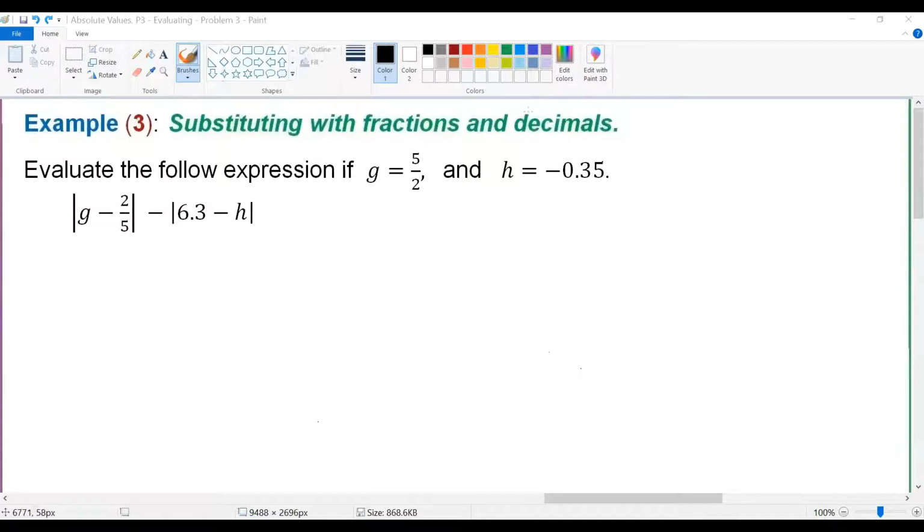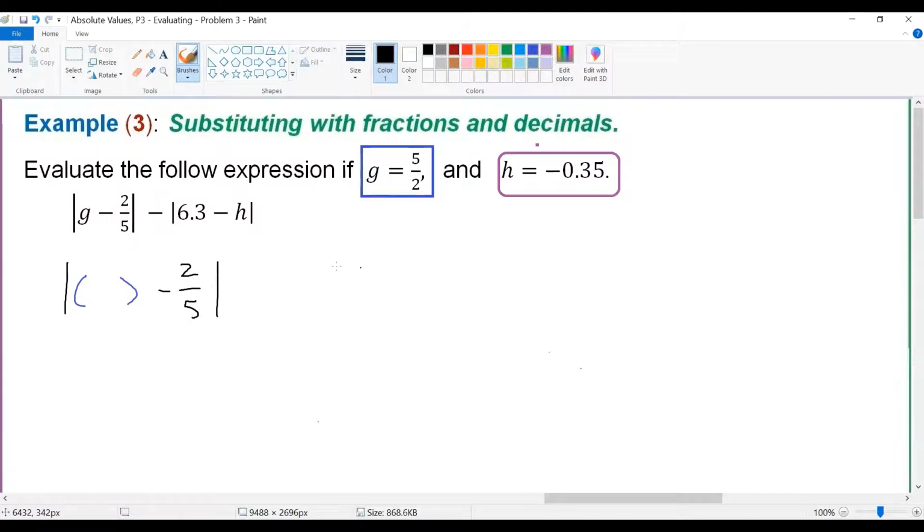In example 3, what we're going to be doing is evaluating with fractions and with decimals in a double absolute value situation. So we're going to start off with what we did in the previous examples. We want to indicate where we're going to substitute with parentheses and copy down every single other component.